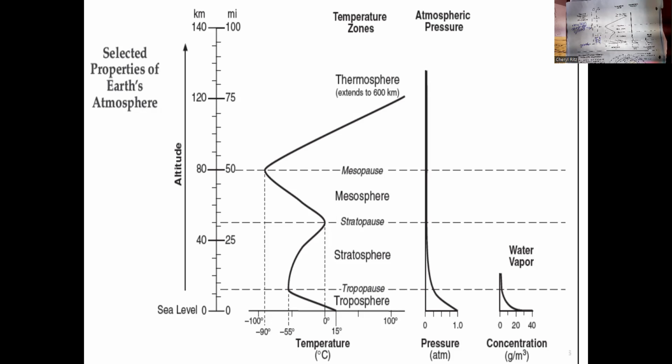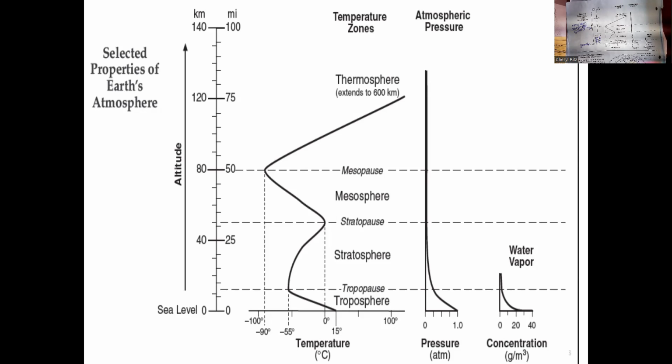There are 4 spheres. Each sphere is kind of marked off by those dotted lines, the horizontal dotted lines, and those are called pauses. What happens at every single pause? The temperature changes, or the trend for the temperature changes.